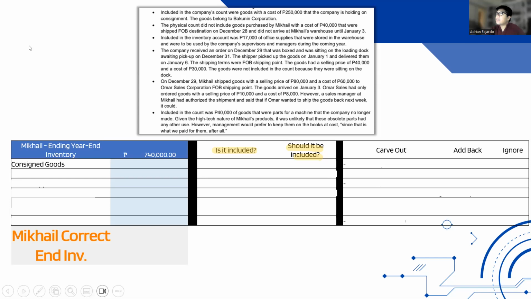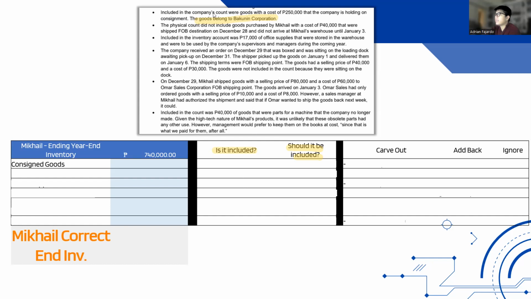Number one is, meron raw consigned goods with a cost of 250,000 that the company is holding on consignment. Ang importanting part dito is that the goods belong to Bakunin Corporation. So, is that our corporation? No. We're McHale. So, the first question is, sinama niya ba dun sa 740,000 itong 250,000 na to?